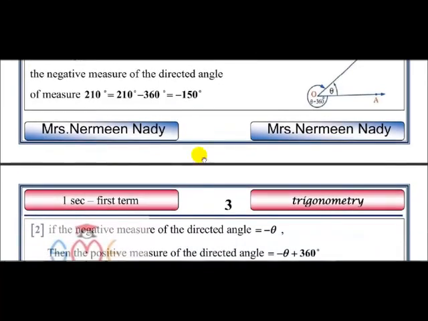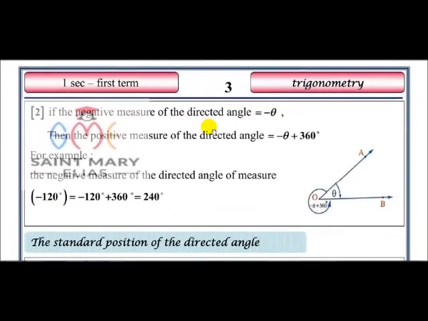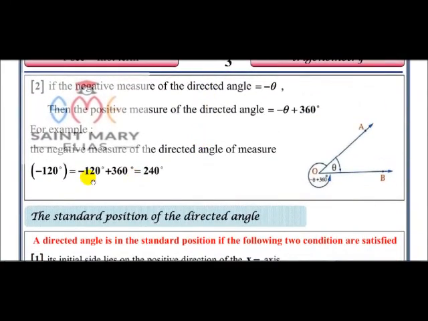Another example: if you want to get the positive measure of an angle that has a negative measure of negative 120, you write the negative measure plus 360.